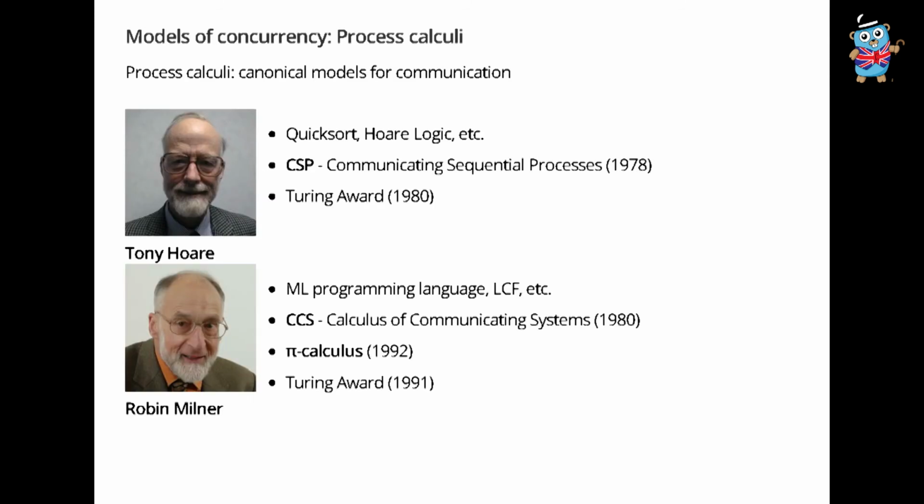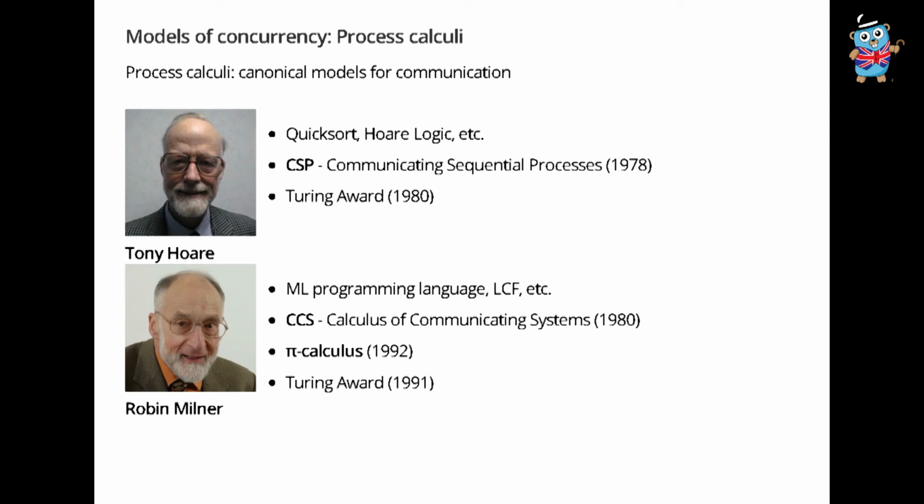Tony Hoare is a researcher who invented CSP. If you've read Effective Go and others, you probably know this name. He's also known for other important ideas like quicksort, Hoare logic, and many other inventions.